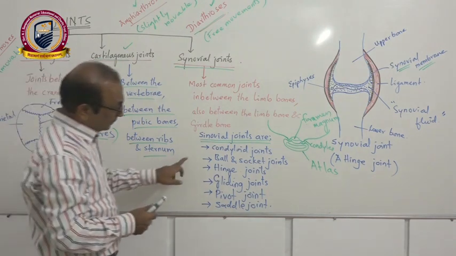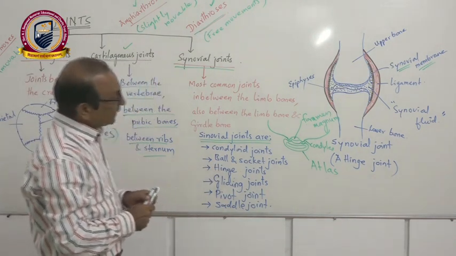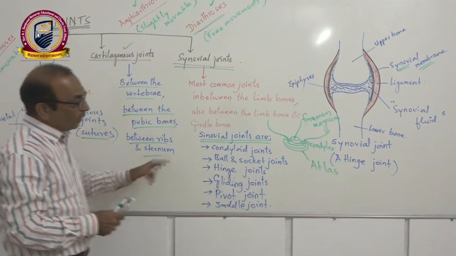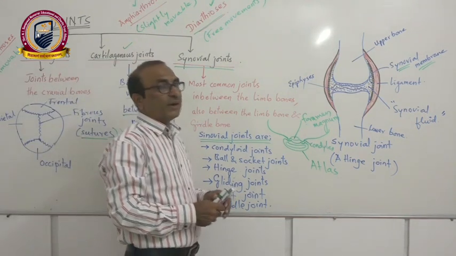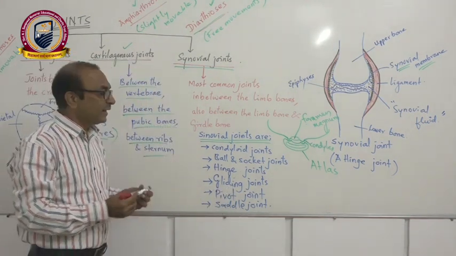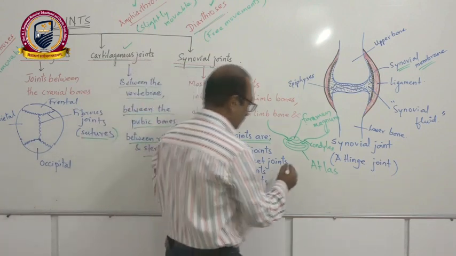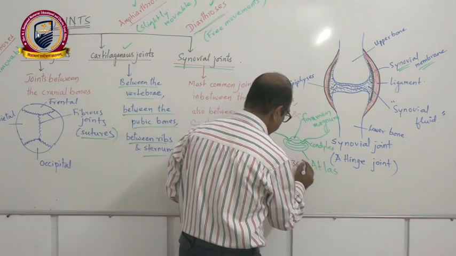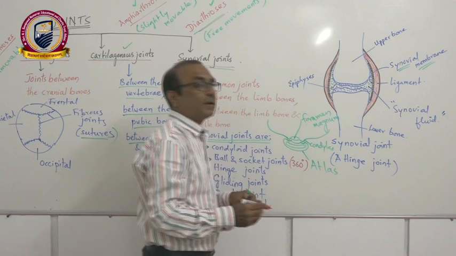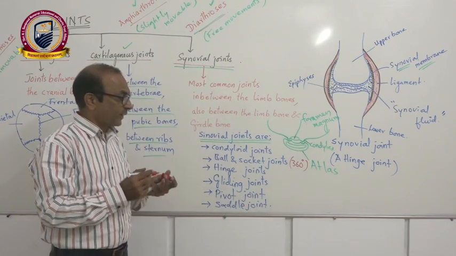Okay, then ball and socket joint. Ball and socket joint is the joint which allows free 360-degree movements.